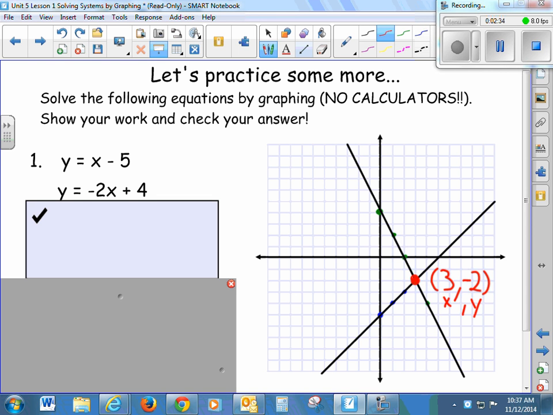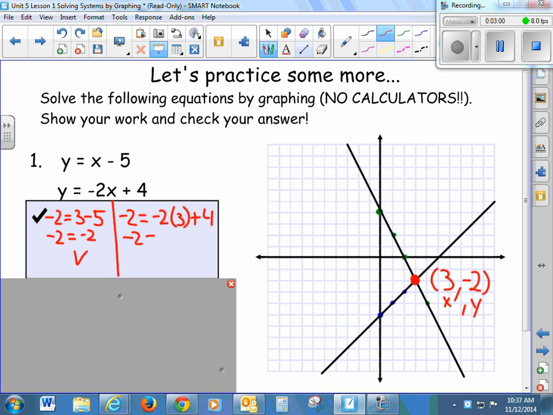Remember that the ordered pair is in the form of x comma y, so we can replace those variables in the original equation. So y, negative 2, is equal to 3 minus 5. Negative 2 does equal negative 2, so that one checks. Then we'll do it for the second equation. Put in negative 2 is equal to negative 2 times the x value, which is 3, plus 4.